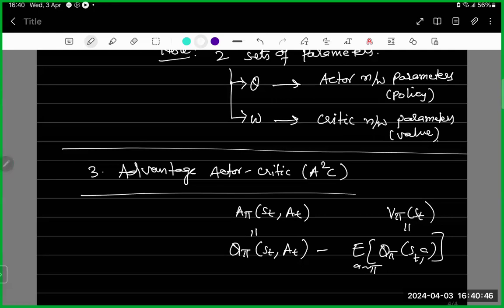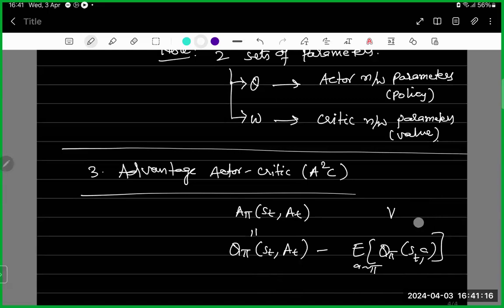Do you agree with this? So this is like measuring how good action A is compared to an average action. If you take some action at random from policy pi, what is the value that you will get versus the value you get for taking this particular action A_T. That's why this is called the advantage of action A_T.